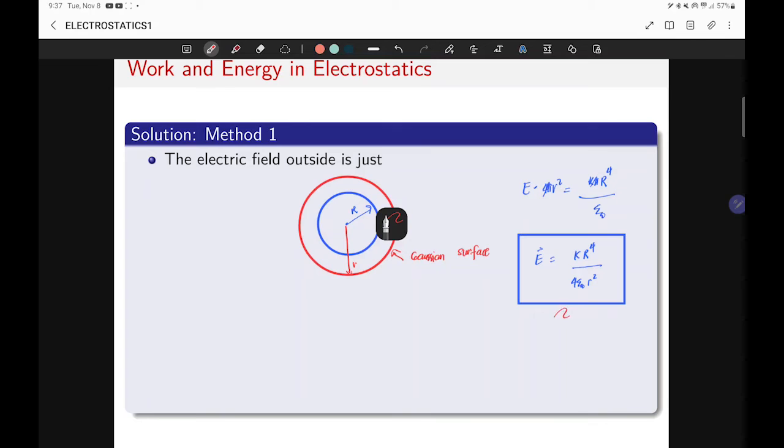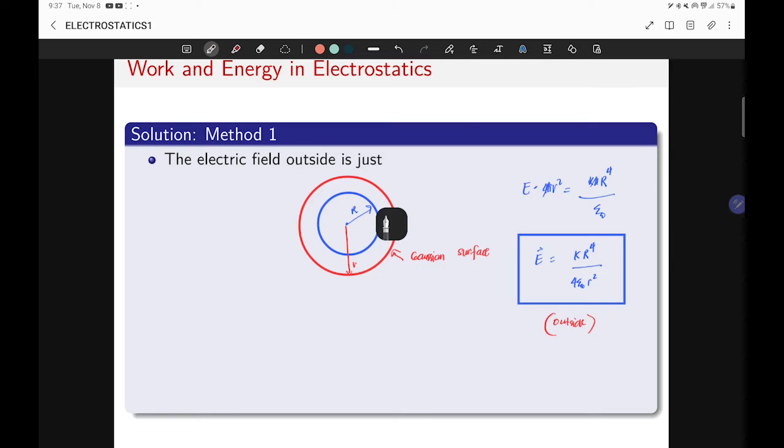So this is for the electric field outside the sphere. Now, we need the electric field inside and outside because we want to get the electrostatic potential for the system for the sphere. Because when we try to calculate the total electrostatic energy, we will have this one.